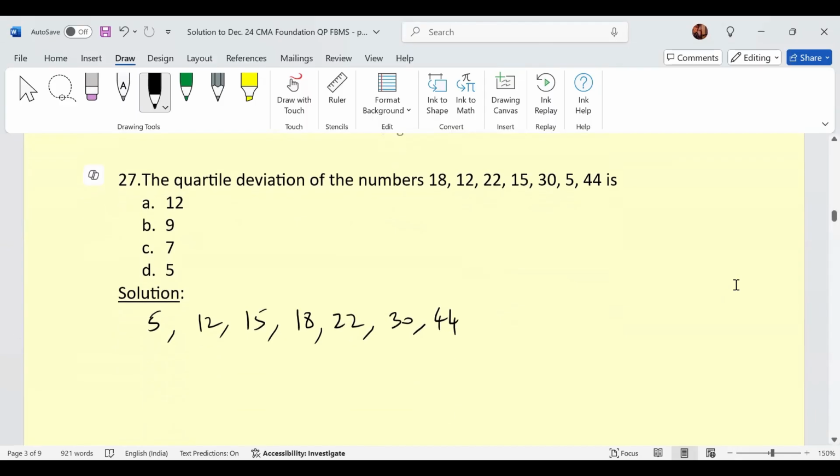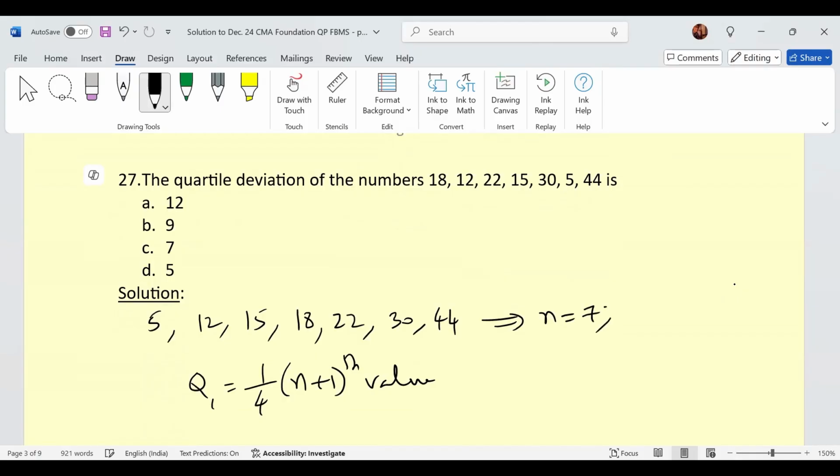So quartile 1 will be the 1/4 of n plus 1th value. Here n is 7 observations. So this is 1/4 times 7 plus 1th value, so 8/4, which is the second value.